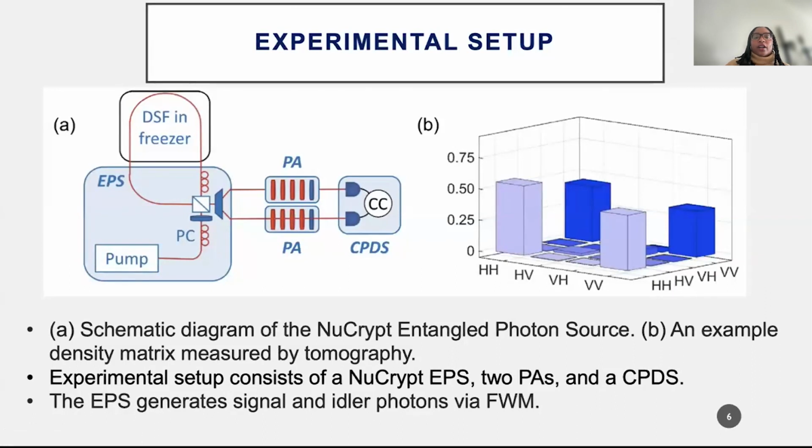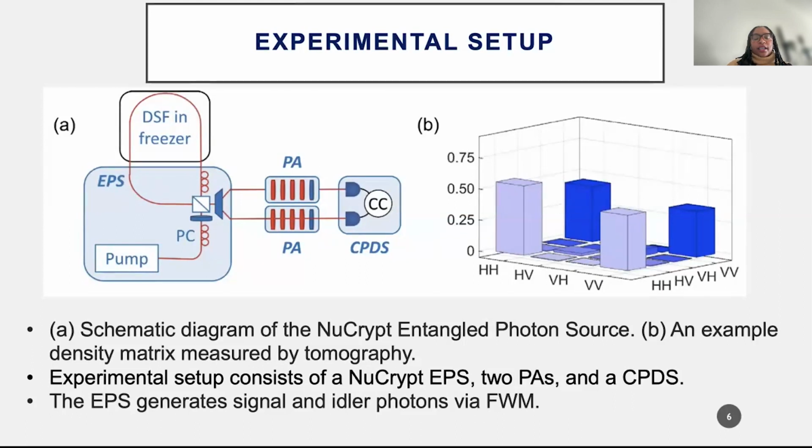The EPS works by generating signal and idler photons via a process known as 4-wave mixing in the zero dispersion region of the optical fibers. And it does this by pumping the dispersion shifted fiber with a 50 megahertz pump pulse laser. And this dispersion shifted fiber, or DSF, is arranged in a stagnant loop, which you can see here, with the polarizing beam splitter at the end.